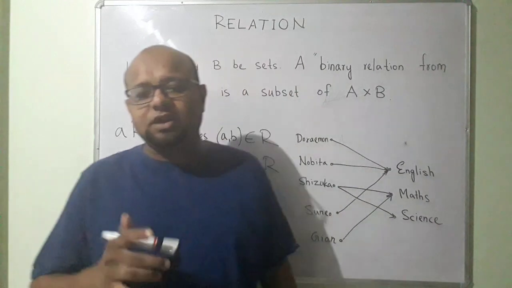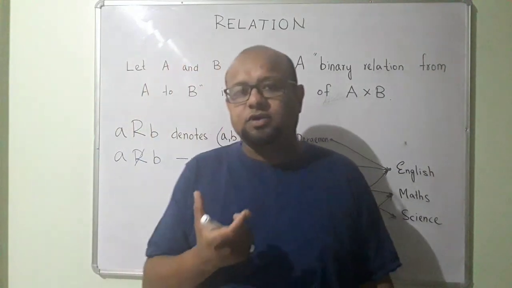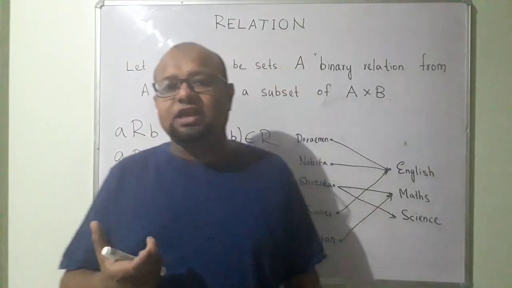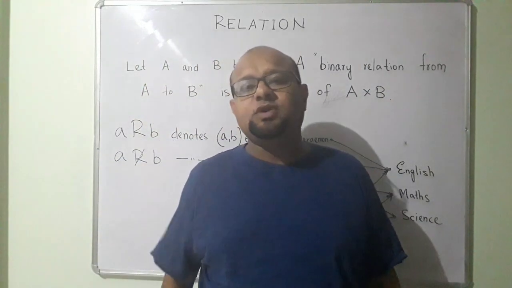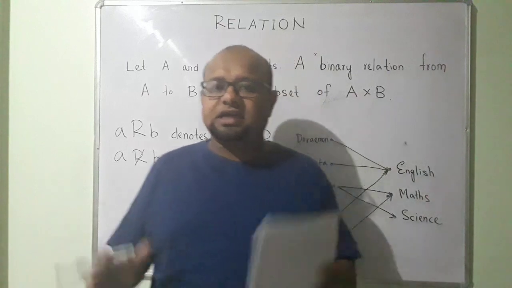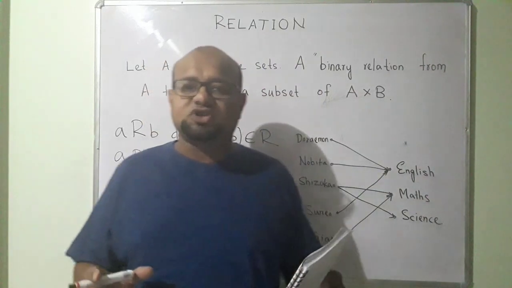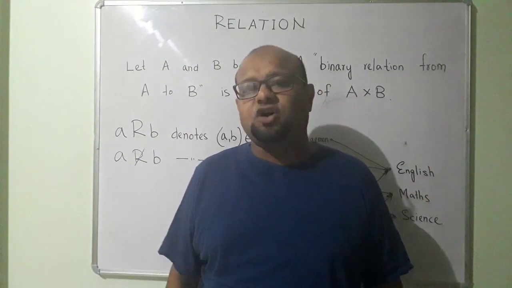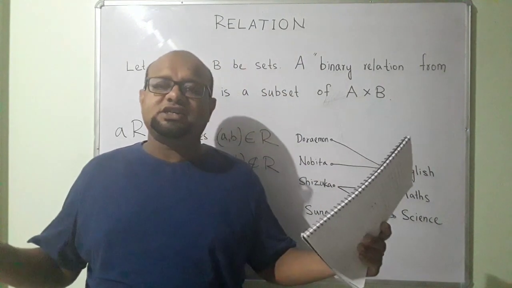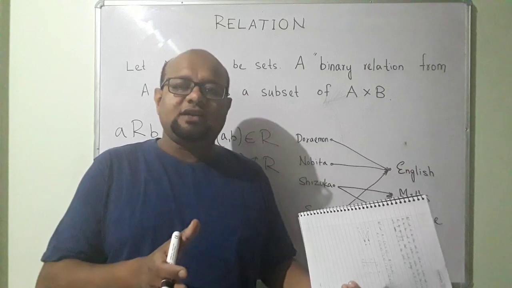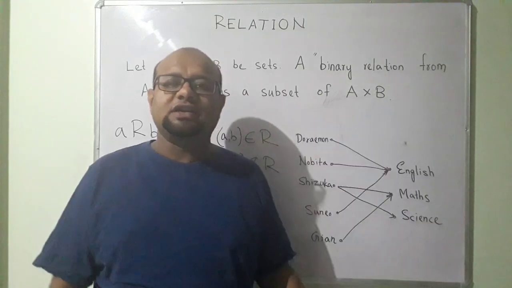An ordered pair will contain two elements. The first element will be from set A and the second element will be from set B. Every possible combination will be there in this Cartesian product. Out of all these, a subset we take, and we call that a relation.